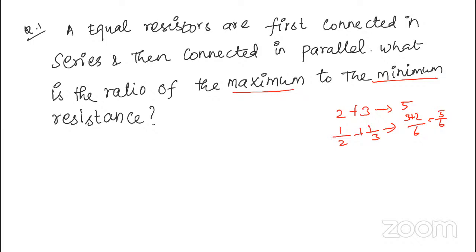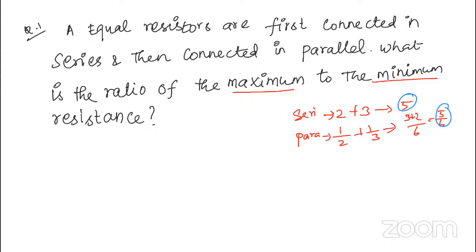Parallel or series? Comparing these two, that is the series and parallel, which value should be greater, either 5 or 5 by 6?